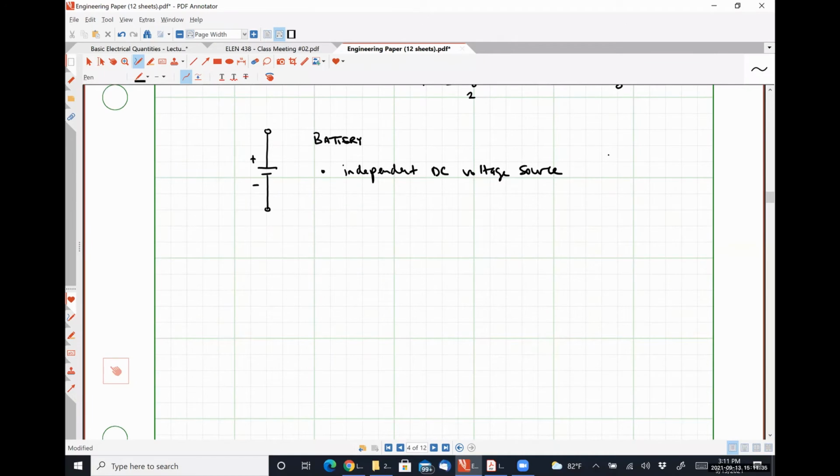A more generic representation of a DC voltage source, which is the one that I prefer because there's no ambiguity. You could never accidentally confuse it for a capacitor. Would be this guy, right? I guess I'll put this as VS. So this is a generic independent DC voltage source.